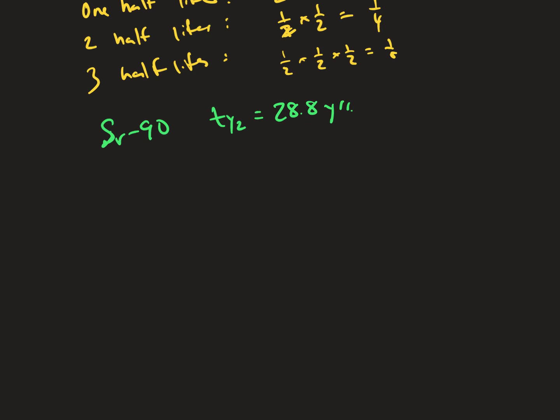You don't have to do it that way, but that's a good symbol. Half-life: the time it takes for half of it to decay, okay? If we start with a 5-gram sample of strontium-90, how much will be left after a time of 85 years?